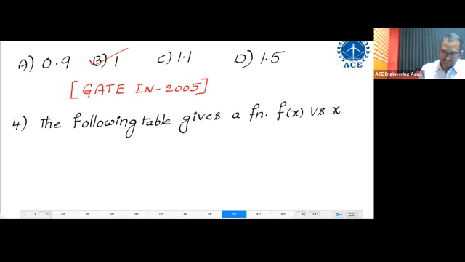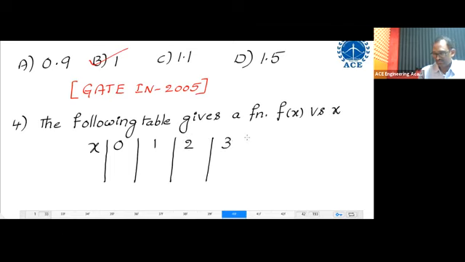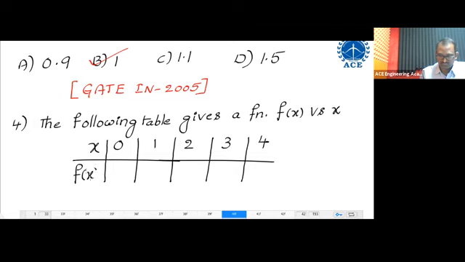The x values are 0, 1, 2, 3, 4, and f of x values are 1.0, 3.7, 6.5, 9.3, 12.1.